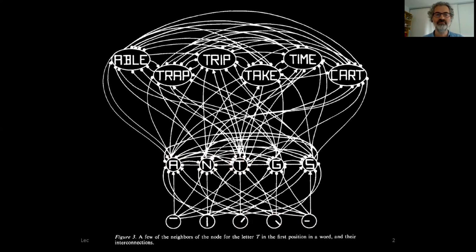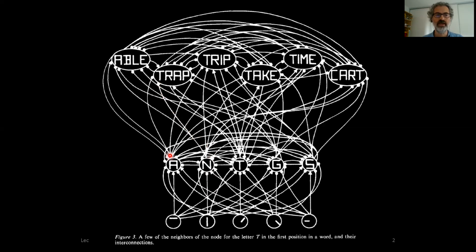And the more features feeding into the letter, so the more components of itself that a letter sees recognized, the more this letter becomes active and the louder it shouts. And when it shouts, it's calling the words that include it.